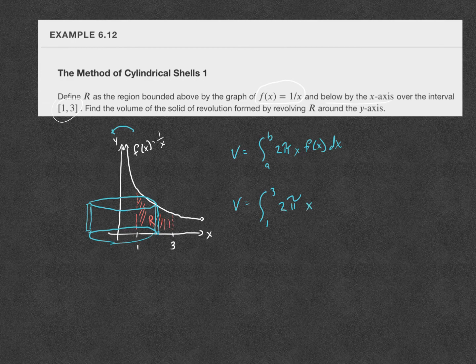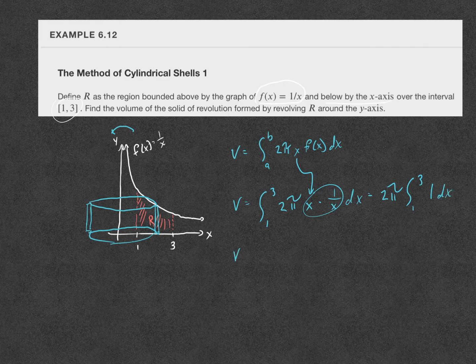And then x is really just rewriting the x term from the formula. F of x is my function, so times 1 over x dx. We can take the 2 pi out, times the integral from 1 to 3. Do this multiplication here. X times 1 over x is 1, so they cancel each other out, dx.